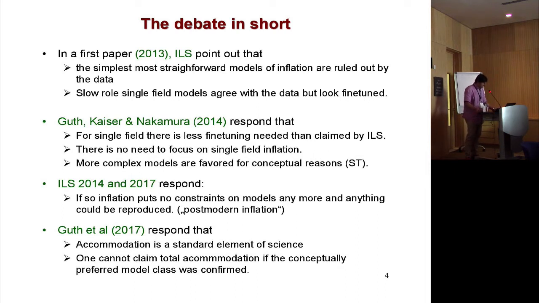To this, ILS then respond in another paper, and a little later making this discussion public in a Scientific American article. Their main claim is that if inflation works the way Guth, Kaiser, and Nakamura claim, then there are no constraints on model building anymore in the inflationary framework. And therefore, basically everything could be reproduced, which means that it makes the theory untestable. So they attribute to this the term postmodern inflation, which they use actually as a technical term.